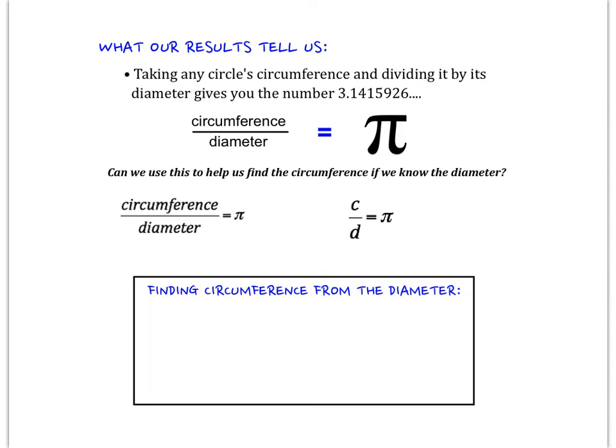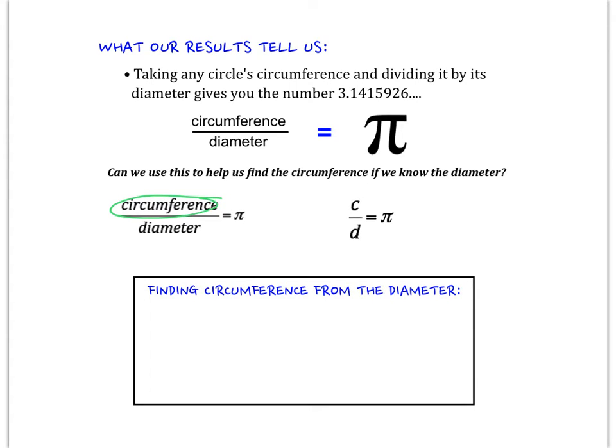Here's what our results from last class can tell us. We found out that taking any circle's circumference and dividing it by its diameter should give you the number 3.1415926, etc., aka pi. So if my goal is to find the circumference, how can I do that?